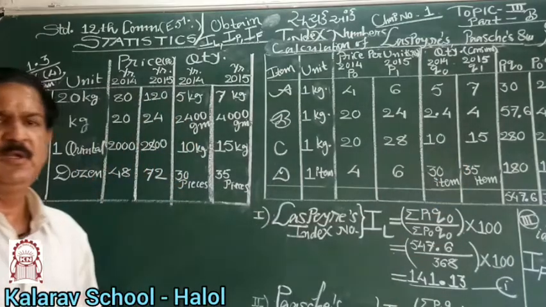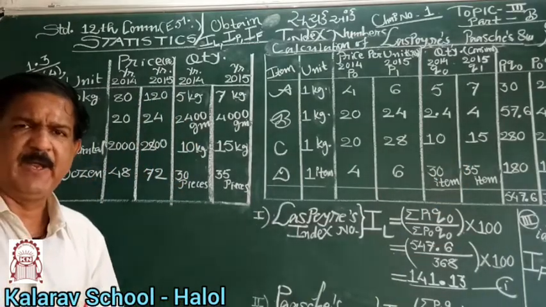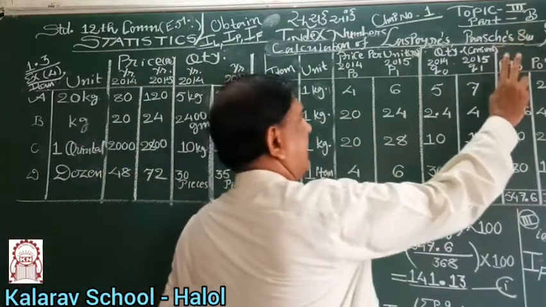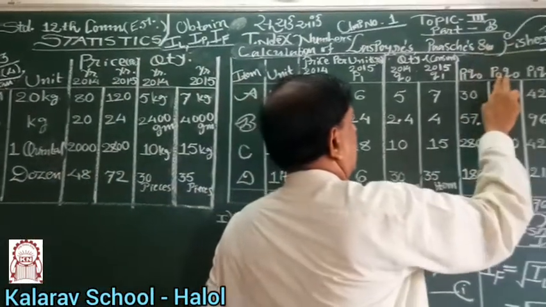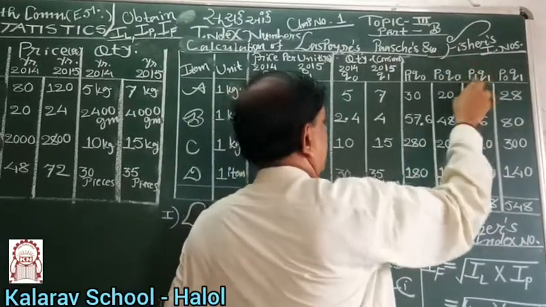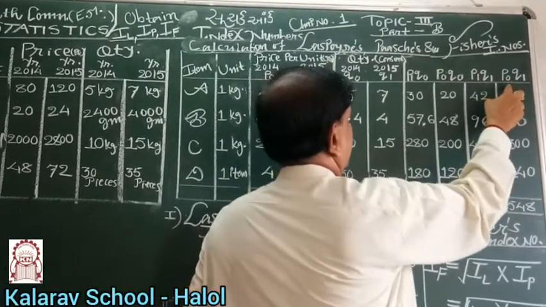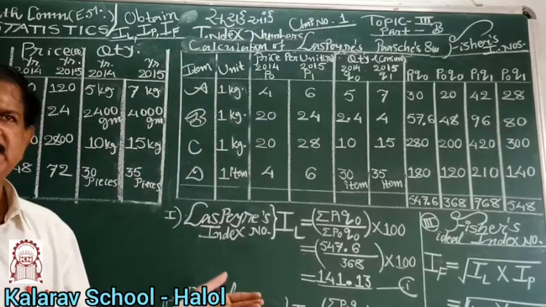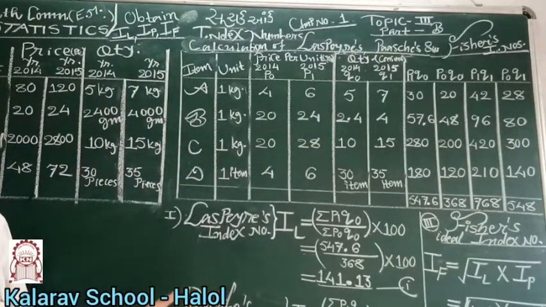Now as usual we prepare the columns of P1Q0, P0Q0, P1Q1 and P0Q1 as per our formula, for Laspeyres, Paasche's and Fisher's index number.